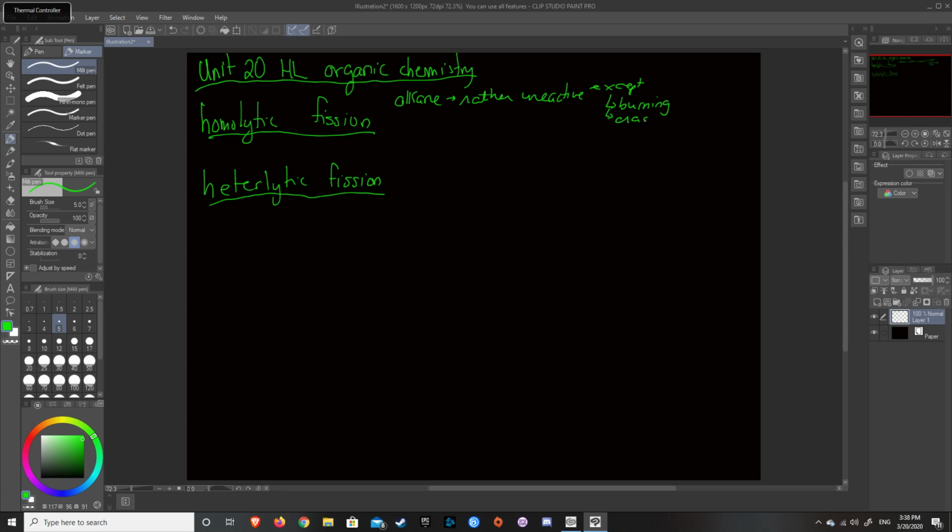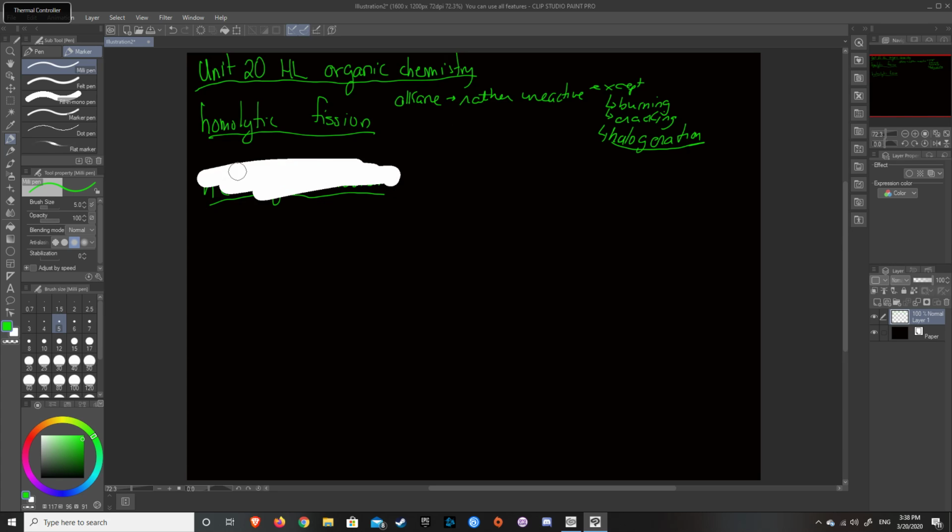We can crack longer chain alkanes, cracking, or we can halogenate them, halogenation. The halogenation reaction is the one that we're going to be covering here for homolytic fission.